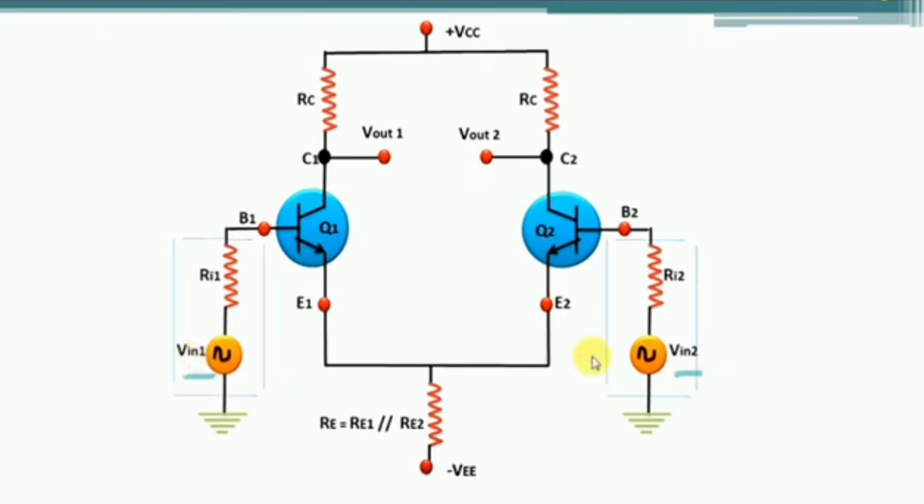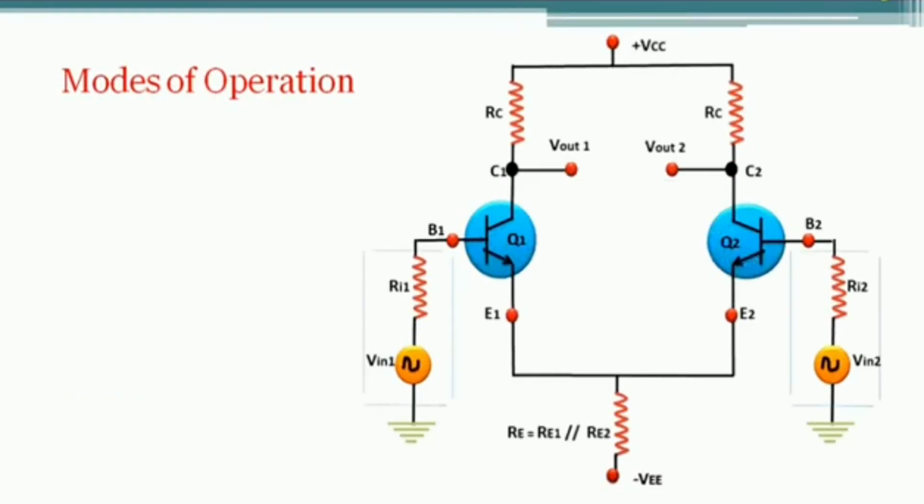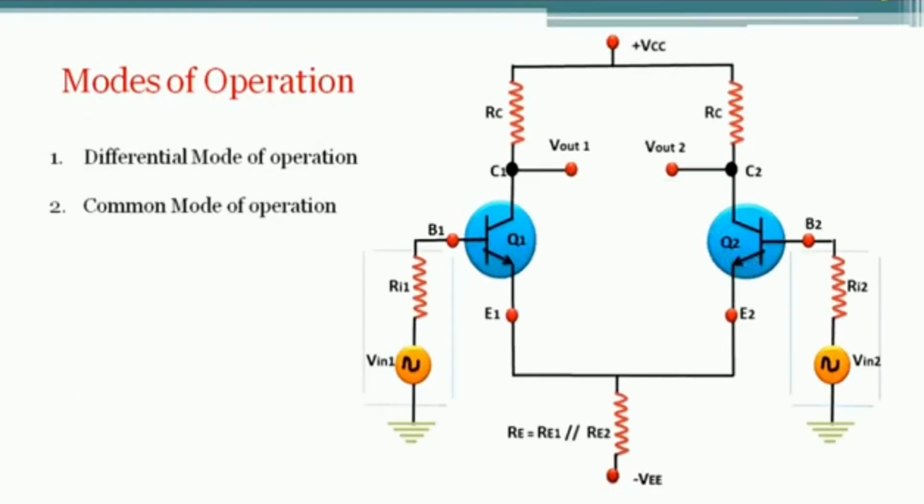If the two input signals are the same, we call it common mode operation, and if the two input signals are different, we call it differential mode operation. So the modes of operation in a differential amplifier are two: the differential mode and the common mode.